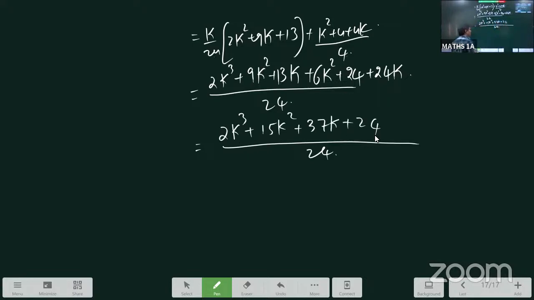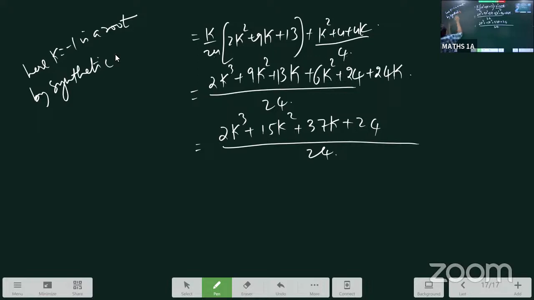Again, I got a cubic equation. Same here, by the inspection method, k equal to -1 is a root. You put k equal to -1: -2 plus 15 minus 37 plus 24. See, you are getting 0, right? k equal to -1 is a root. Therefore, by synthetic division, reduce it. Synthetic division with -1: the coefficients are 2, 15, 37, 24.